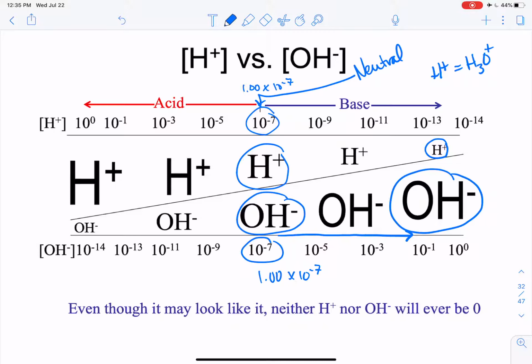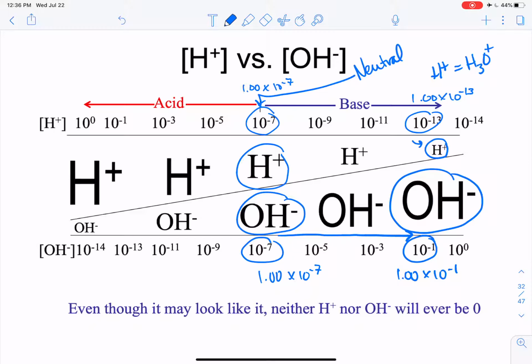And also notice that if you have a concentration of hydroxide that is 1.0 times 10 to the negative 1, what you'll have is the concentration of hydronium that is 1.0 times 10 to the negative 13. Now, if you add up negative 1 and negative 13, what do you get? You get negative 14. So that should make sense to you guys.